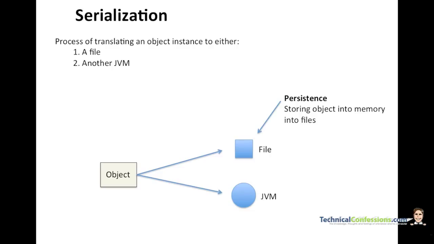The naming convention for persistence and serialization tends to be interchangeable, but there is a slight differential there. Dependent on which path you take, whether you're storing the file or transferring it over to a different JVM, dictates which method you're essentially using.